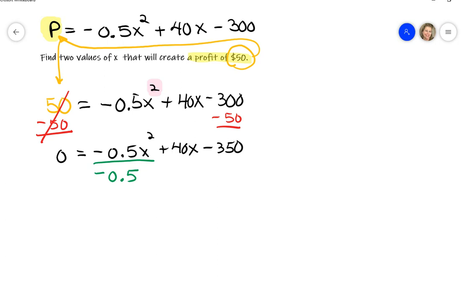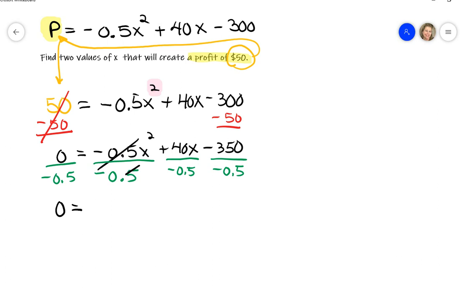But what you do to one side, you have to do to the entire side and to the other side. I have to divide everybody on the right by a negative 0.5. And then what I did to that side, I do to the other side, divide everybody on the left by a negative 0.5. And the beauty of this is 0 divided by anything, that's just 0.